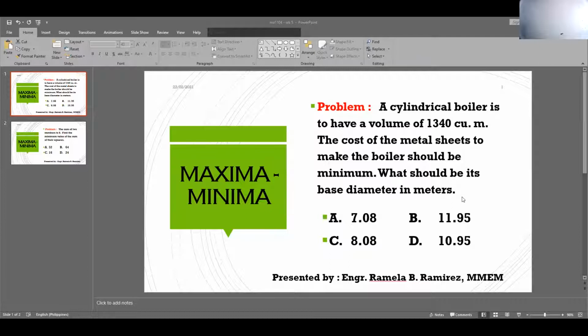We're going to determine the diameter of a cylindrical boiler if it has a volume of 1,340 cubic meter, and we have to make sure that the cost of the metal sheets to make the boiler should be minimum. So the question is, what should be the base diameter of the cylindrical boiler in meters?